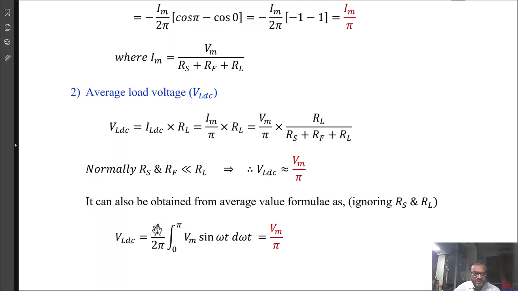Therefore, we have written the formula VLDC is equal to 1 by 2 pi integral 0 to pi Vm sin omega t d omega t. If we solve this integral, we get the average DC value Vm by pi, which we have already estimated here from Ohm's law using the ILDC value derived in step 1.